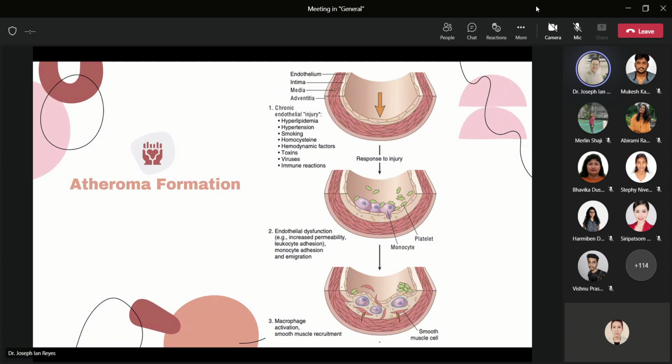There will be endothelial dysfunction, so maybe you will have increased permeability, leukocyte adhesion, and all those things. You can have platelets and monocytes there. Then you have macrophage activation and smooth muscle recruitment, which will be in the next layer.